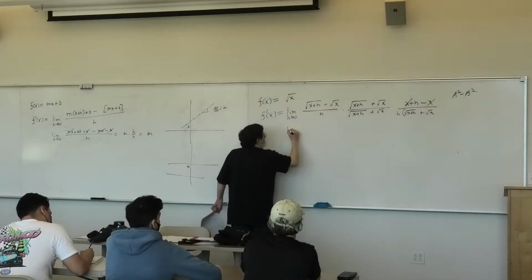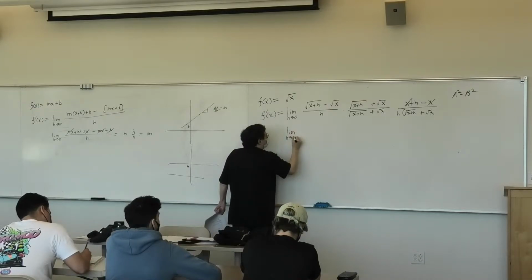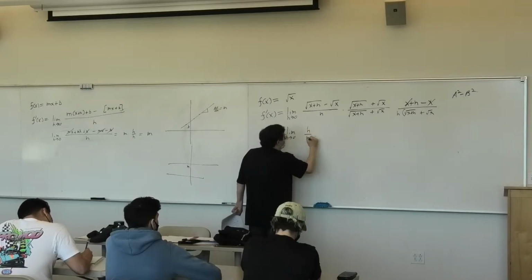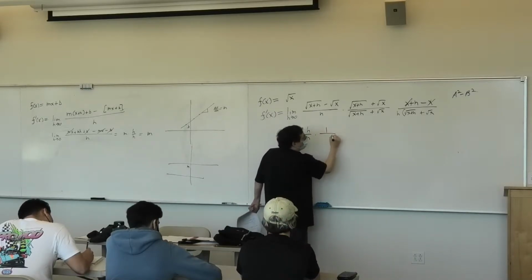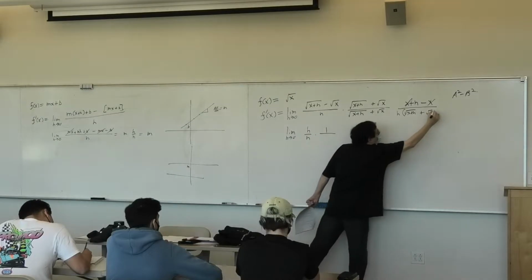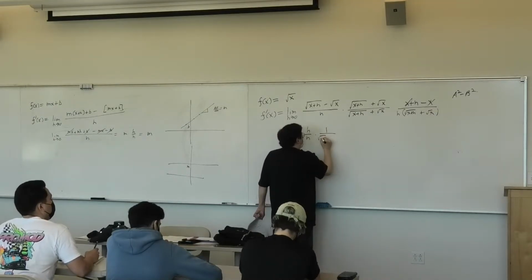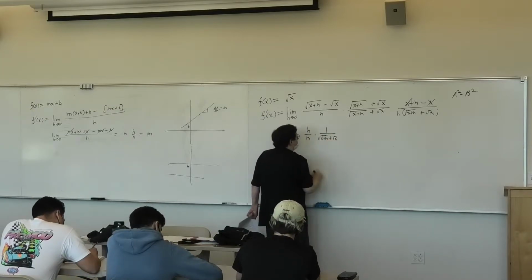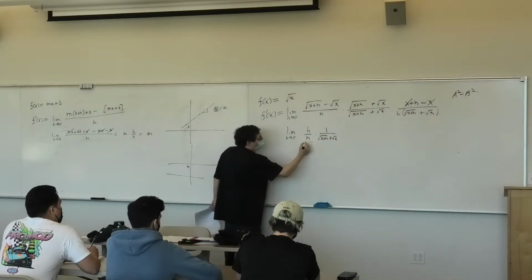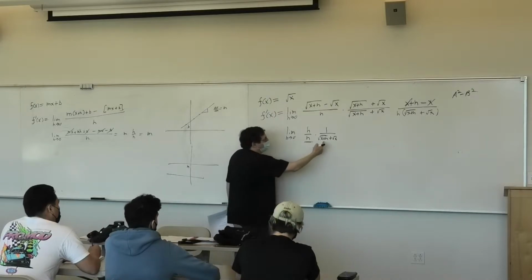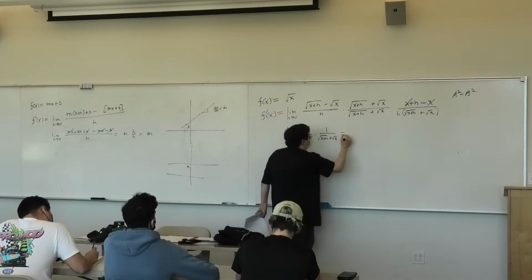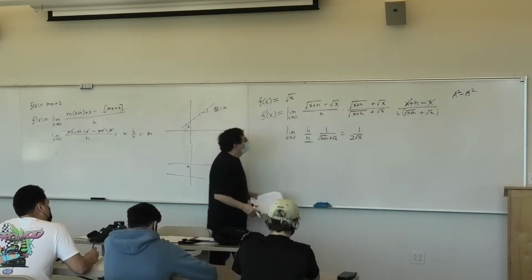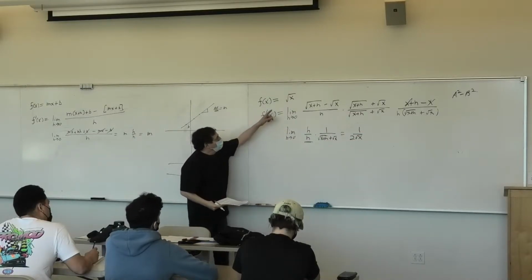And we're back here with h over h again on 1 over square root of x plus h plus square root of x. h here is going to 0, so this just becomes 1 over 2 square root of x. So that's our derivative of the square root of x function.